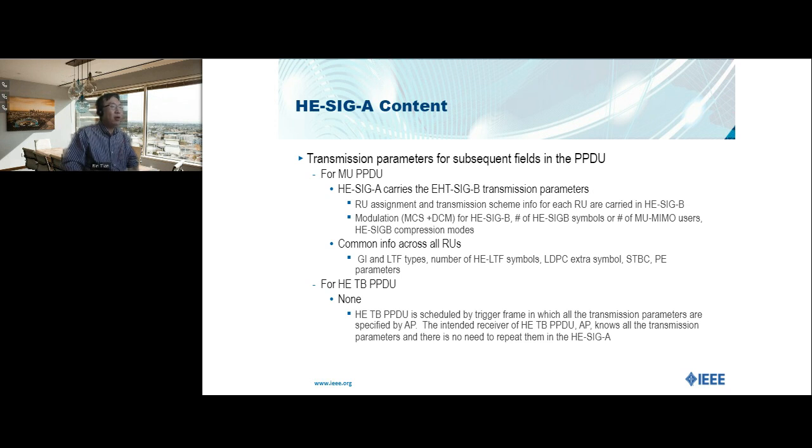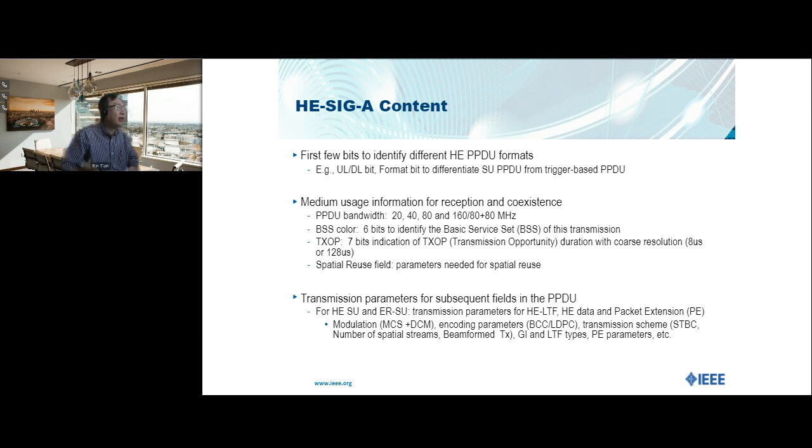So the AP already knows all this modulation information, LTF, all these kinds of things, so the intended receiver or AP doesn't need this information. So the HE trigger-based PPDU doesn't have these parameters for subsequent fields. It only has the information of the bandwidth, the classification, the spatial reuse information, the BSS color, and TXOP.